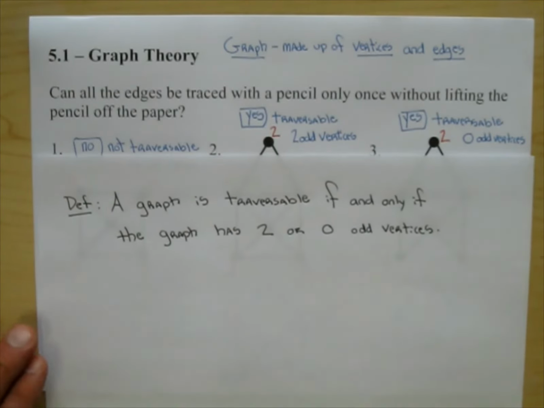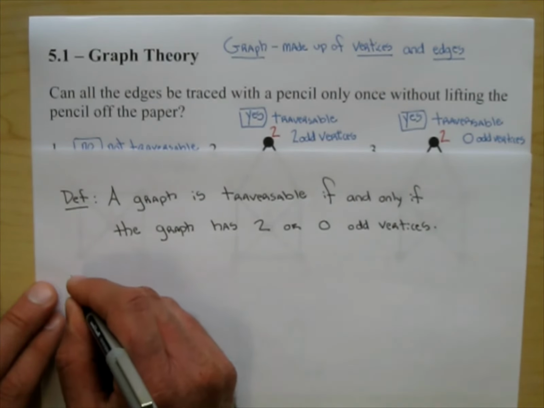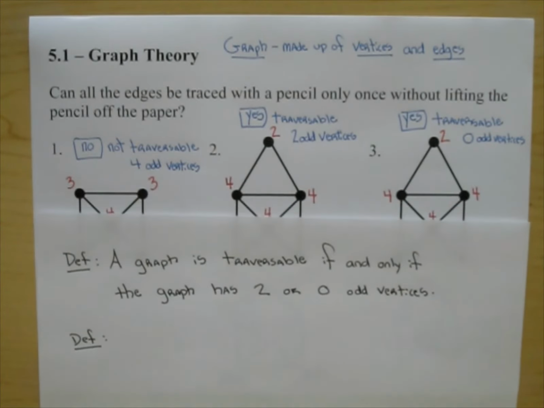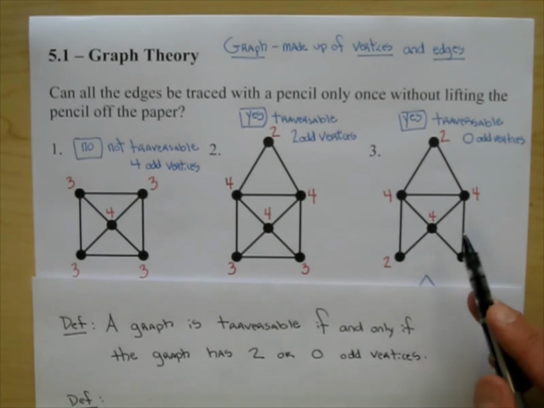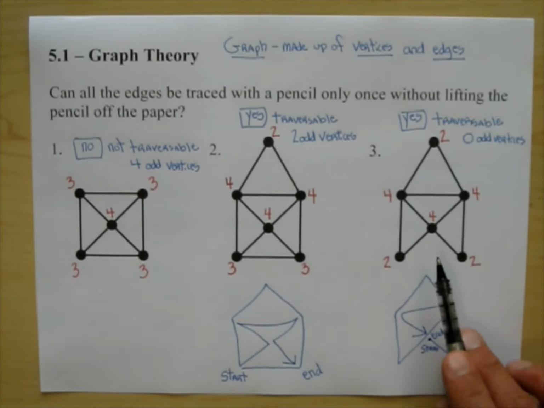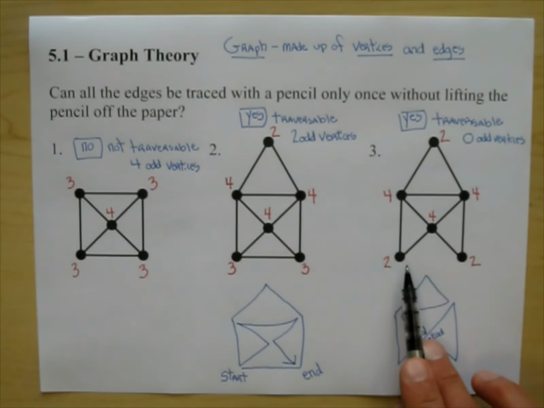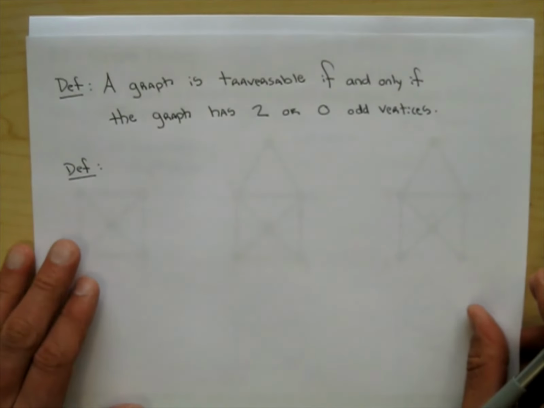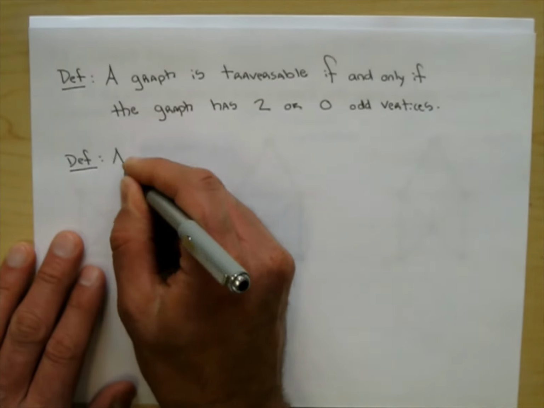Okay, now we're going to do another definition here. So for some reason, maybe when you're doing circuits or things with wires, it is desirable to have graphs that look like this, because graphs that look like problem number 3, starting and ending at the same place, is something that's very desired sometimes. So we have a special name for that. And now we'll put it right here.